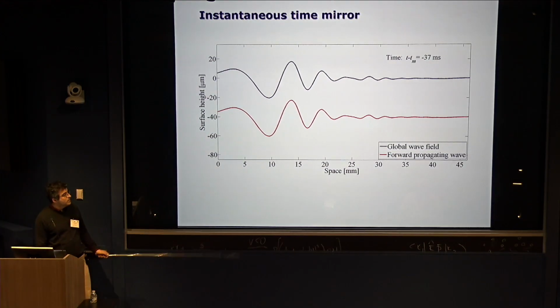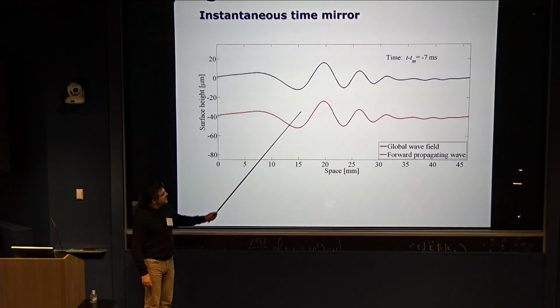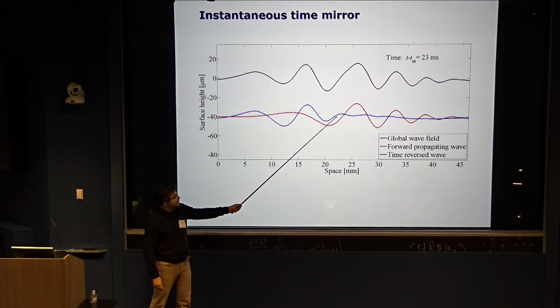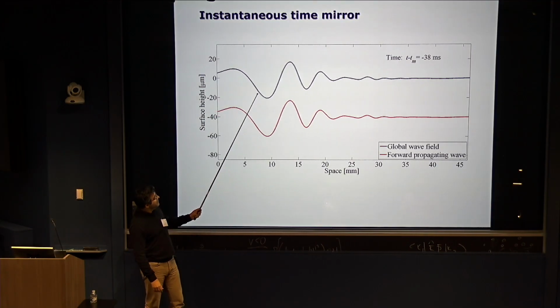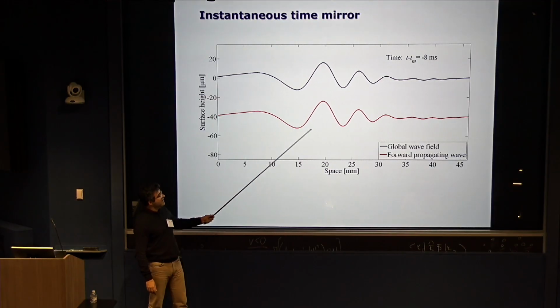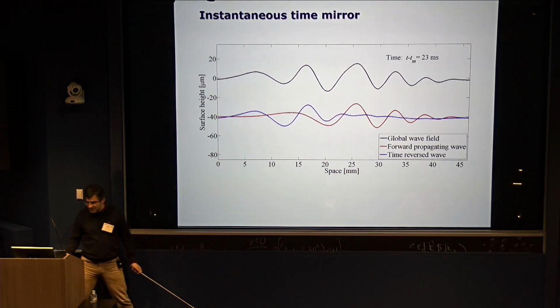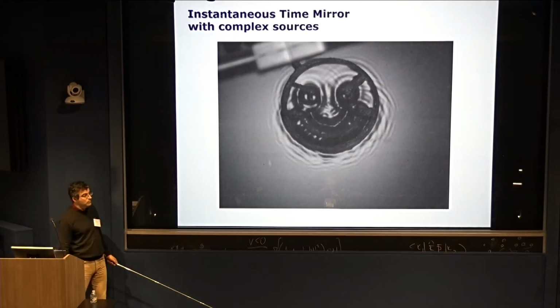When you do the measurement, this is not a simulation, it's all measurement. When you do the jolt, you produce this wave, so it's a broadband system. They're going in that direction, and you produce exactly the time-reversed waves that go back into the focusing point.